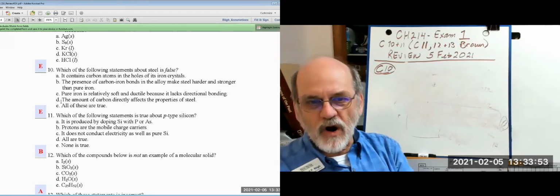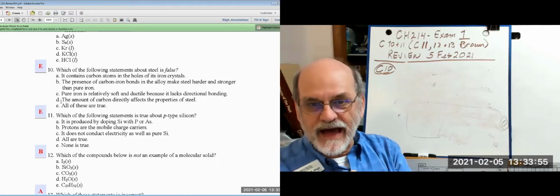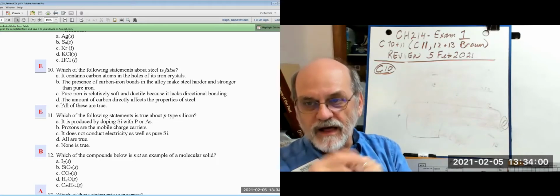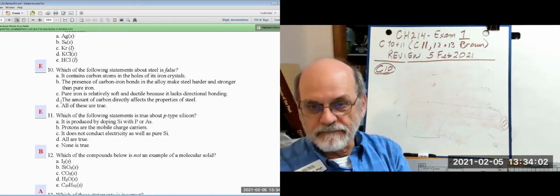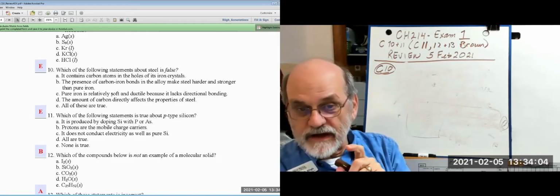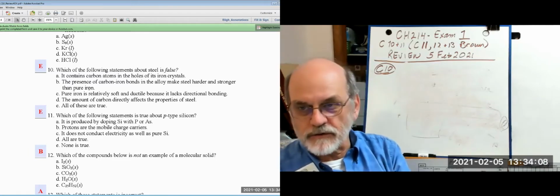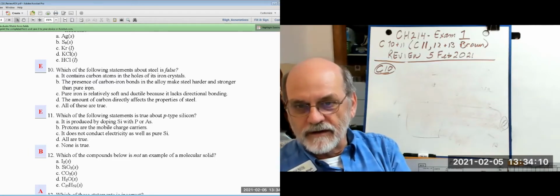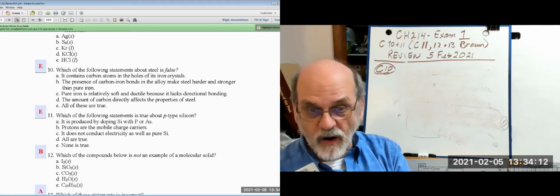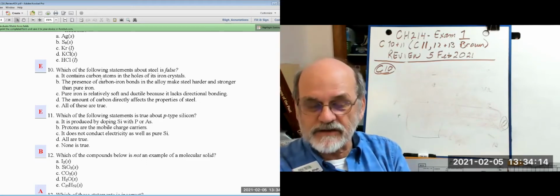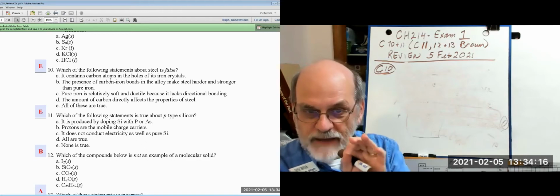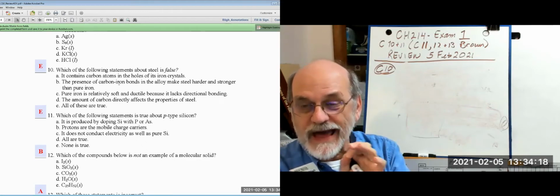The presence of carbon-iron bonds in the alloy makes steel harder and stronger than pure iron. That is true. The fact of the matter is, pure iron is very soft. You can scratch it with your fingernail. But steel is not. It's very hard. And the explanation for that is the special type of bond between the carbon and iron atoms.